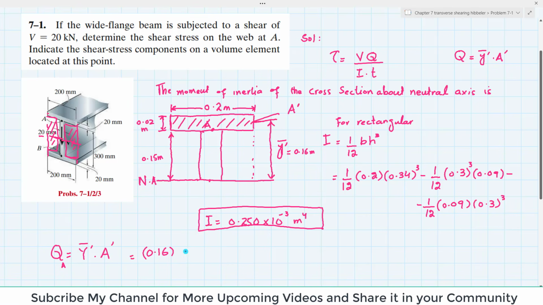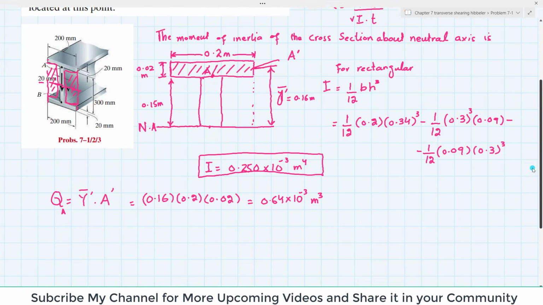When you calculate it, you will get QA equal to 0.64 into 10 to the power minus 3 meter cube. Now you have I, you have Q, you have b, and you have t, and t is the width of this cross-sectional A dash.